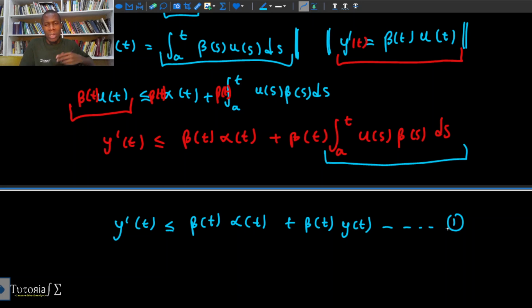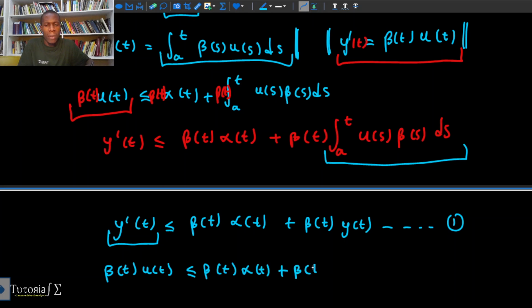But more important than this equation is when we roll back to y prime of t as beta of t u of t. We put that here: beta of t u of t less than or equal to beta of t alpha of t plus beta of t y of t.